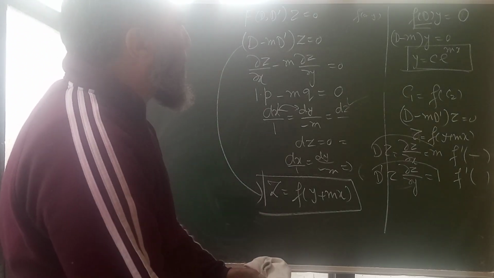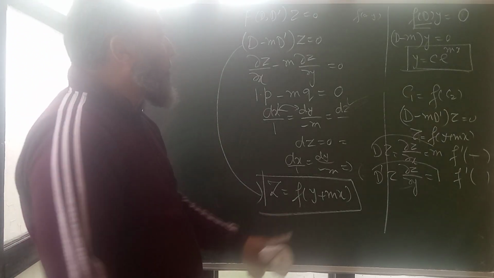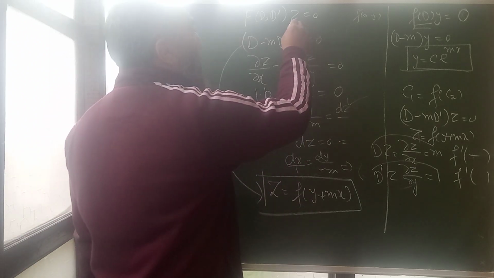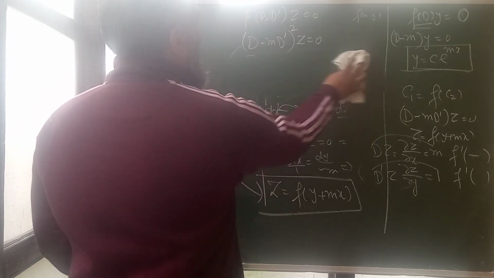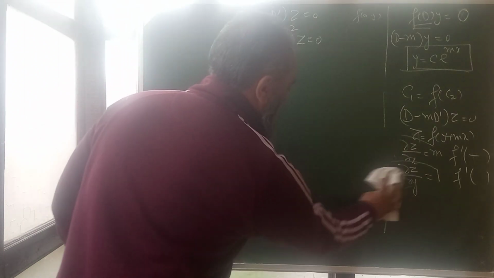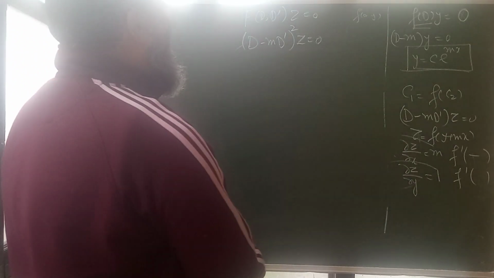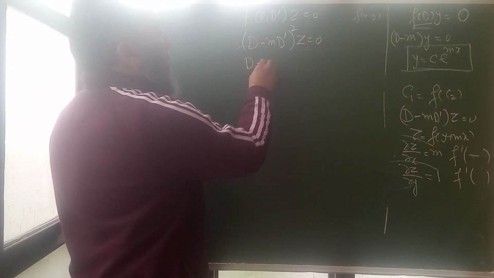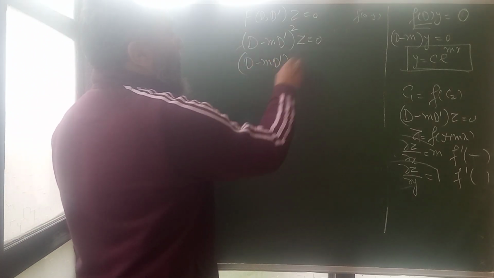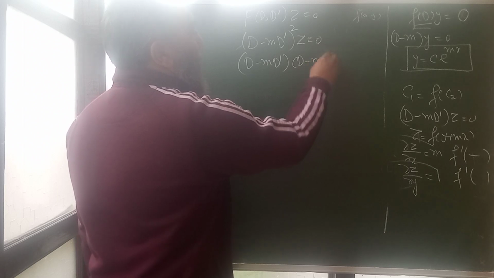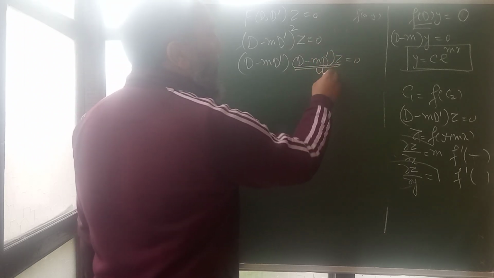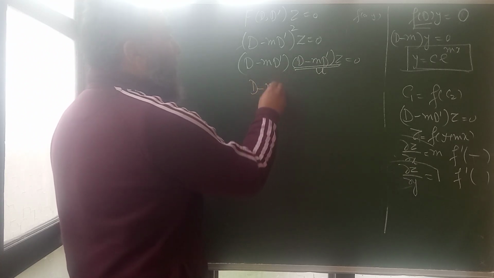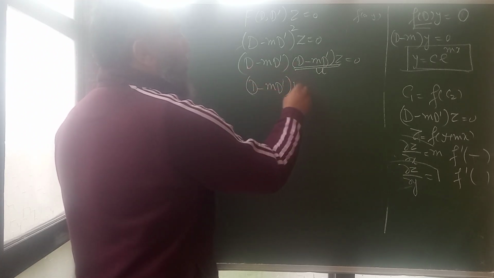So let me tell you, if I have repeated roots, say I have (D minus mD dash) whole square, this means we have repeated roots. So it means D minus mD dash, D minus mD dash operating on z equals 0. Let me call this u. You have D minus mD dash operating on u equals 0.